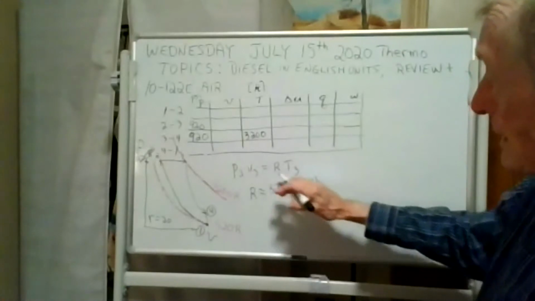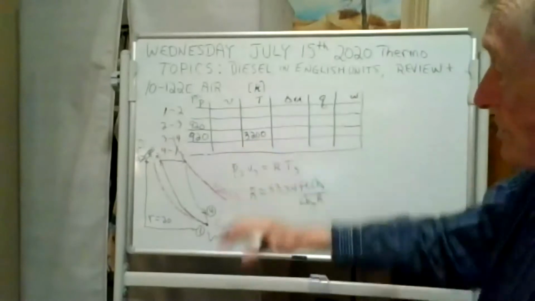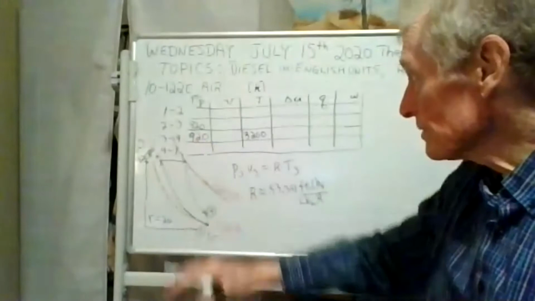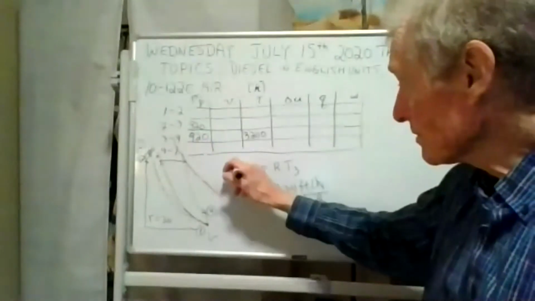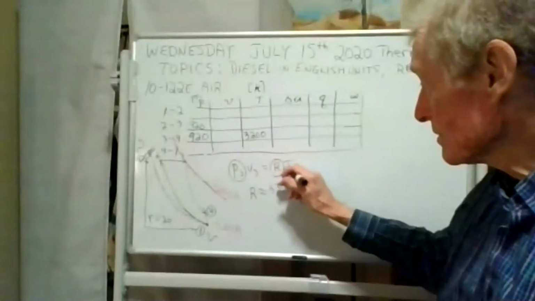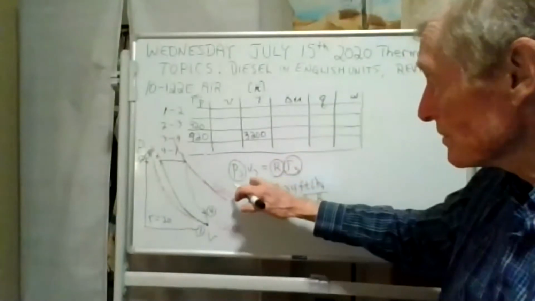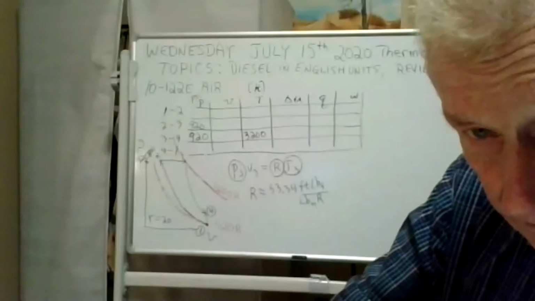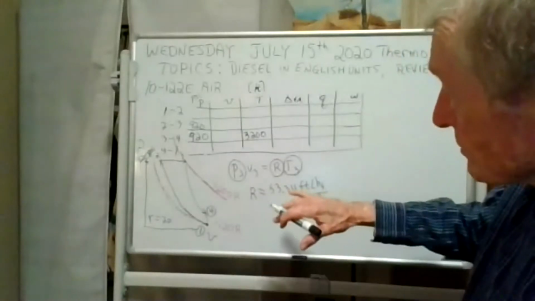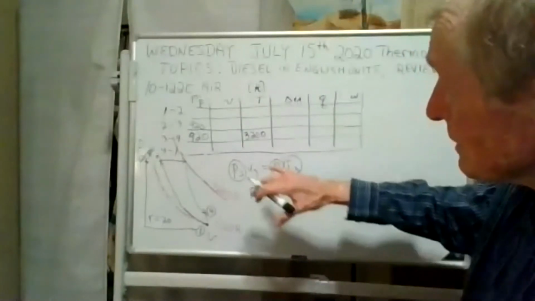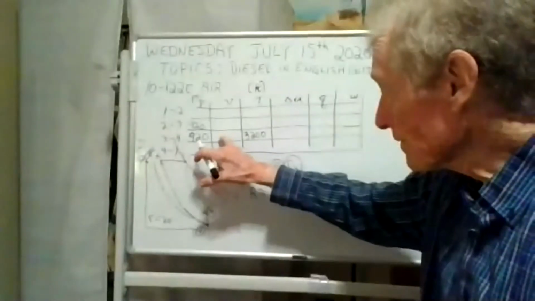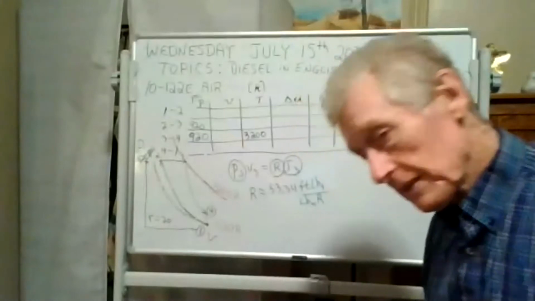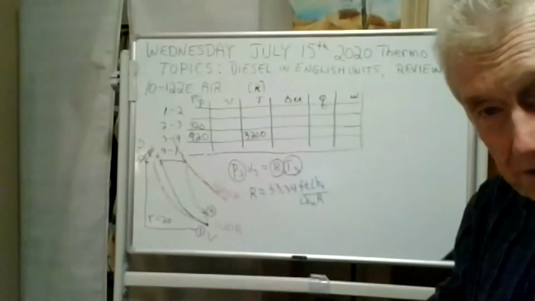That's what it is. T3 is sitting right there, it's 3,200 Rankine. P3 is sitting right there, it's 920 PSI. Look, you know this. You should be able to get that. I'm going to shut up now for a minute and a half, and we're going to see if you can do it. You're going to find this V3 for me. On your mark, get set, go. See if you can do it.